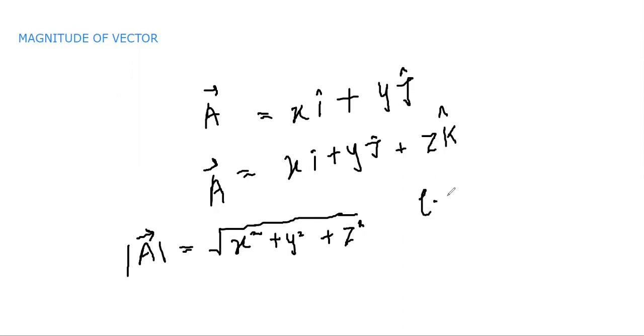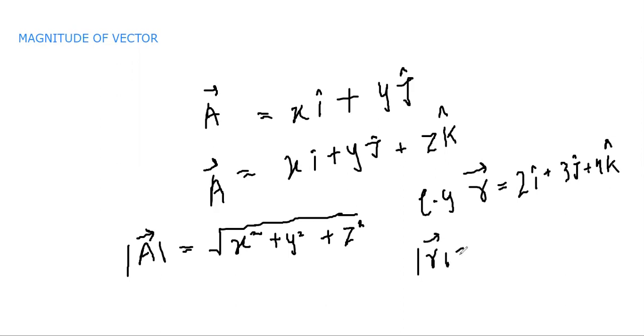For example, let us say there is an r vector which is given by 2i cap plus 3j cap plus 4k cap, and you have to find its magnitude, mod r vector. So how will you find it? Under root 2 square 4 plus 3 square 9 plus 4 square 16.